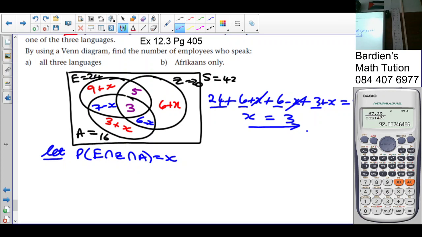What is 6 plus 3? 9. What is 6 minus 3? 3.